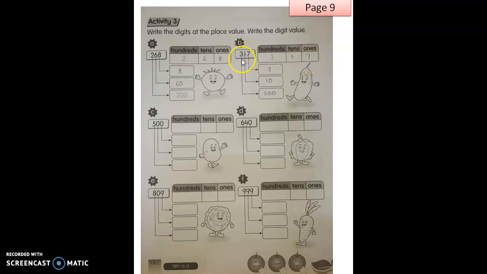Now, write in digit value. 3, 300, 1, 10, 7, 7. Okay, now answer question C, D, E, and F.